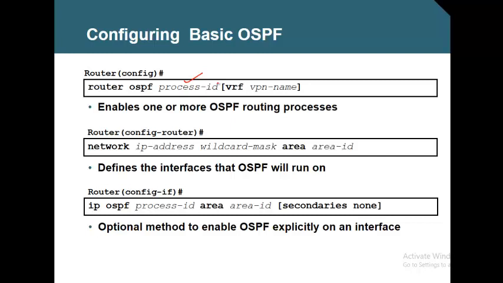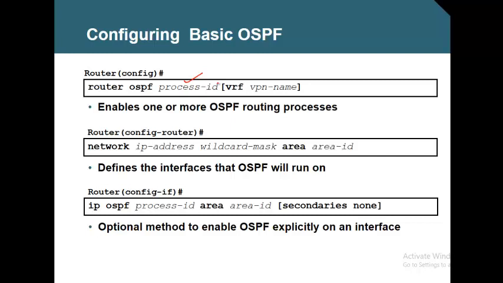Now, can we configure OSPF without a process ID? Answer is yes and no. In some versions, like XR devices, there is no need for process ID. But in IOS routers, you must mention process ID.